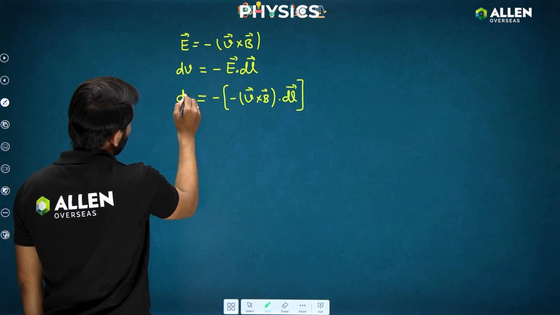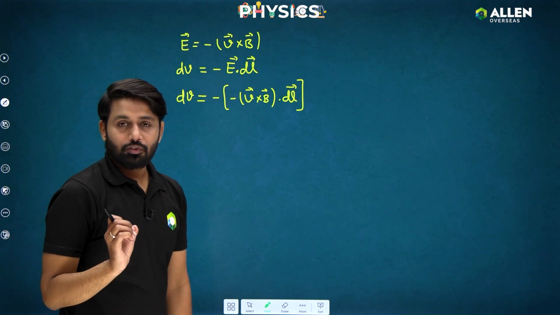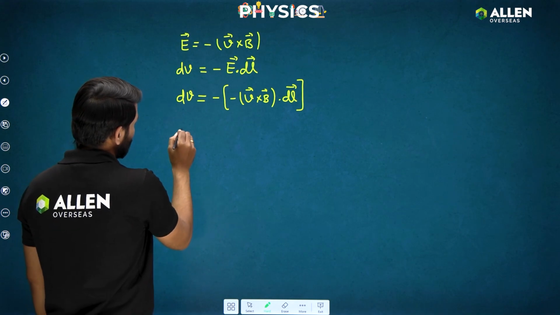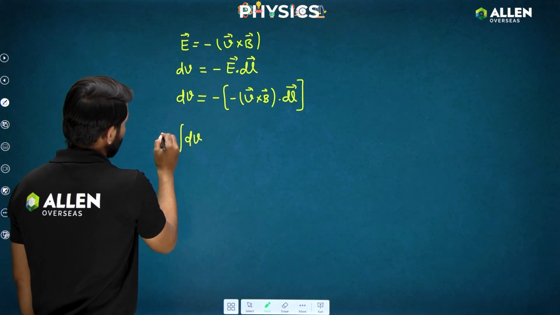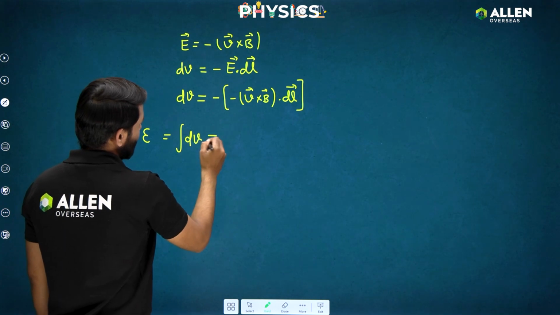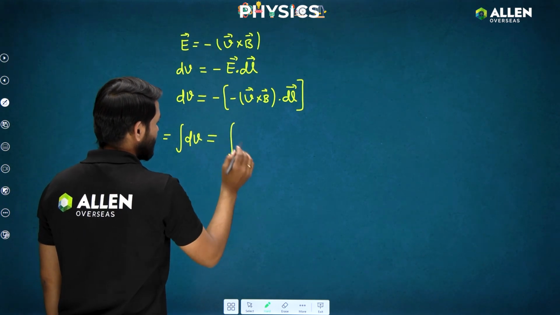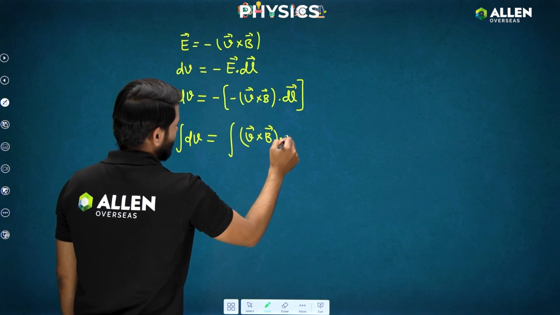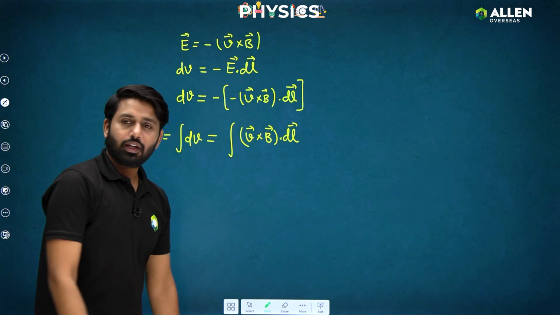Okay, this is your small induced EMF, right? But we have to calculate total, so we have to integrate. So let's integrate. So this is your induced EMF, minus minus plus, integration V cross B dot dl vector, right?